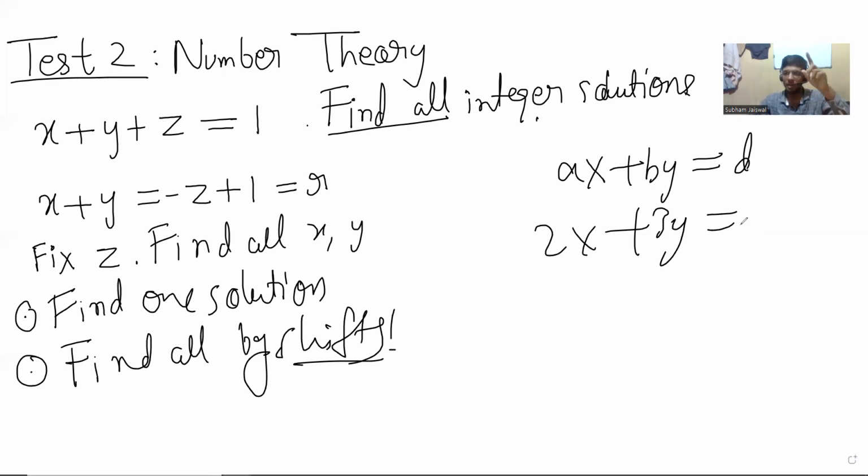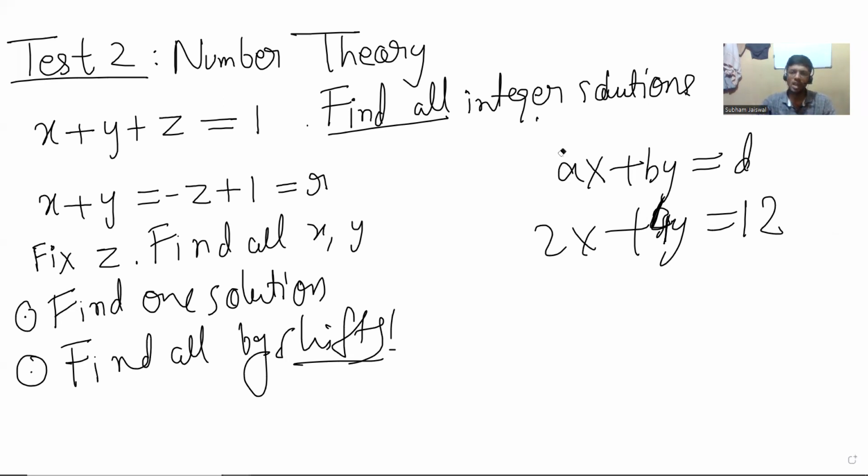As long as it's a multiple of the GCD, even if it's 2 and 4, and this is 12, still a solution exists. Now find one solution and then shift to find all solutions. Ishana, is that okay? That 12 doesn't have to be exactly the GCD. That was the key. It can be a multiple of the GCD, and with this method you will still get all the solutions. I think that was an important thing.